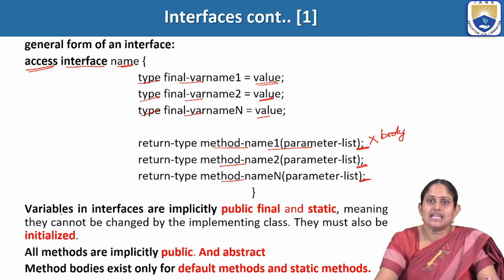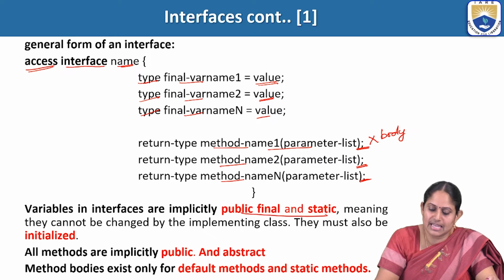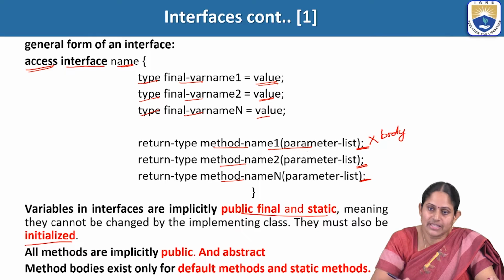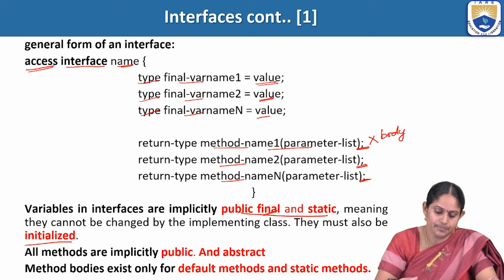Now, the variables in an interface are always public, final, and static, and they should always be initialized. Since they are final, the interface variables cannot be changed by the implementing class. Similarly, all the methods of an interface are public and abstract.